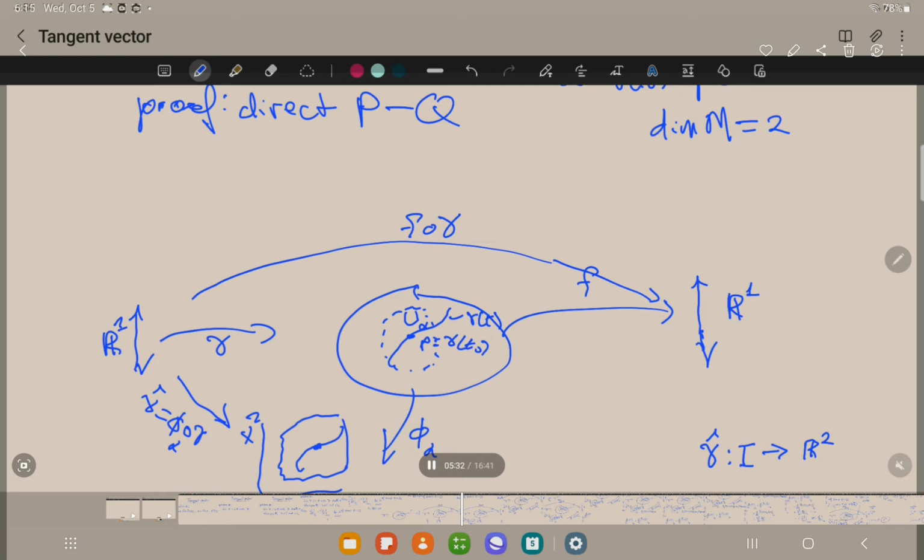Likewise, you can have the same thing for the function going from R2 to R1. So we're going to let the point q in R2 be equal to the mapping of the point P in M, where M is the actual surface of the Earth.